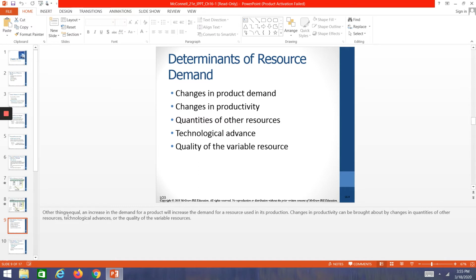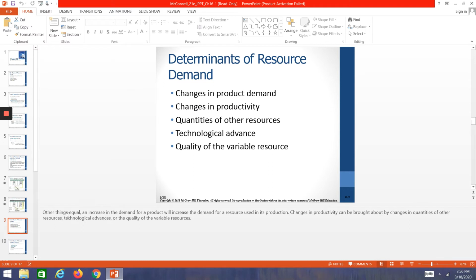The quantities of other resources that go with it, the land or capital available, and technological advance. Obviously, technology will increase productivity, like the use of Excel in accounting, or the use of computer-assisted drafting in landscape architecture, and so on.